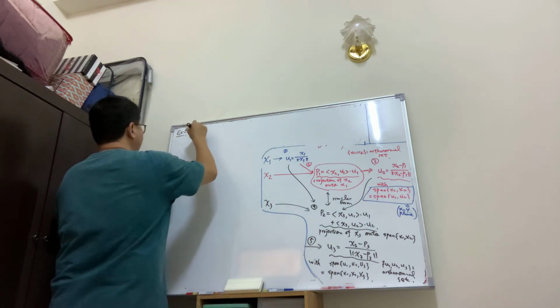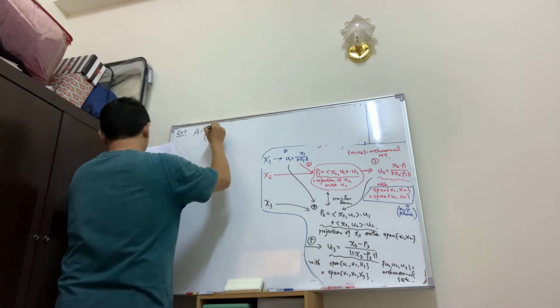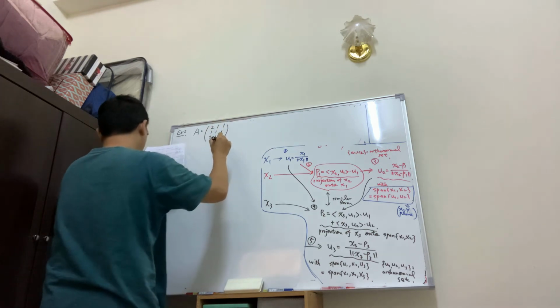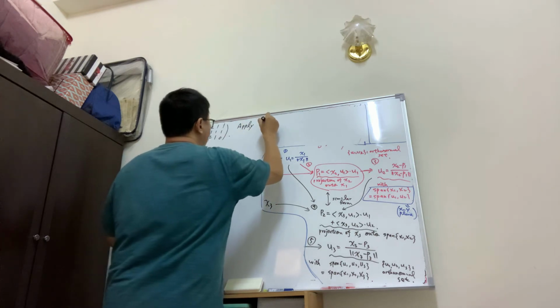Okay, so now the second quick example. We have the matrix. Now it's 3 by 3, so we consider (2, 1, 2), (1, 1, 1), (1, 1, 0). And so we still apply Gram-Schmidt.